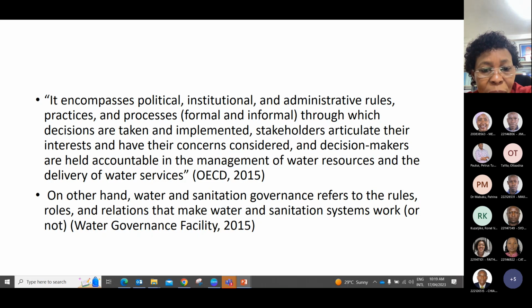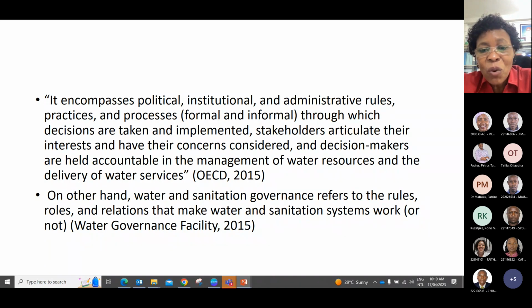And on the other hand, the Water Governance Facility defines water and sanitation governance as the rules, roles, and relations that make water and sanitation systems work. Of course, at the end of the day, what we want to see is effective water and sanitation systems in place.